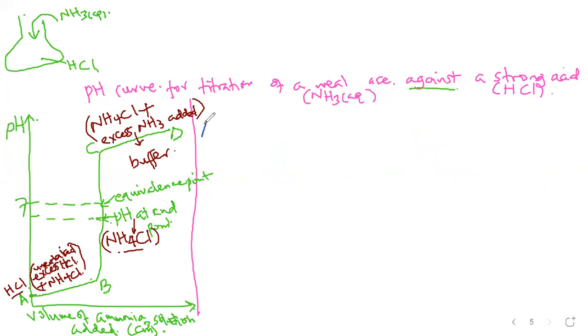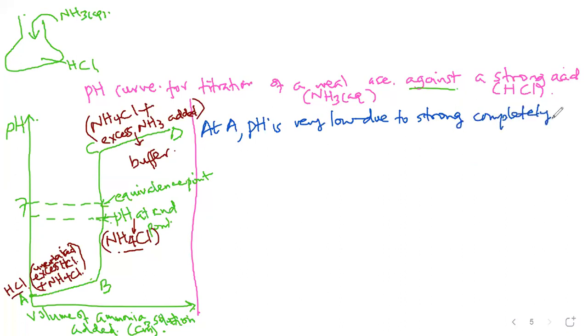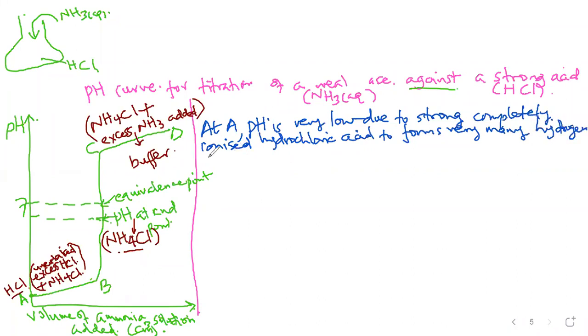We shall say at A, pH is very low due to strong, completely ionized hydrochloric acid that forms very many hydrogen ions. Are we together?